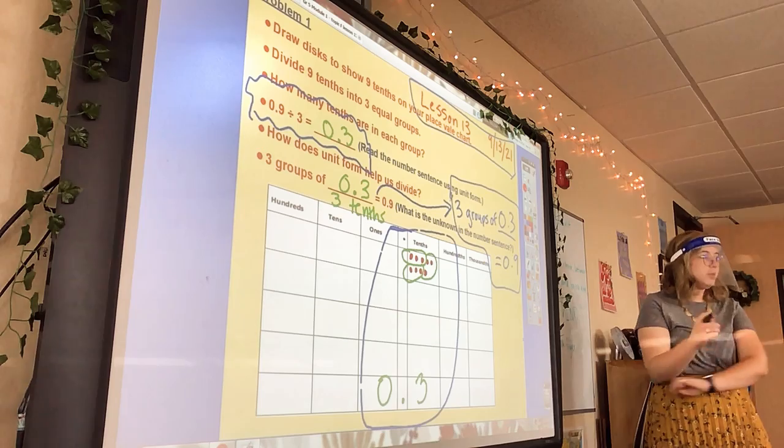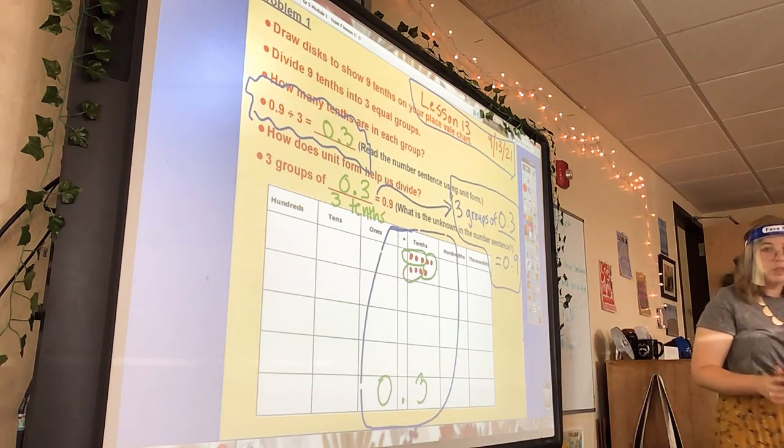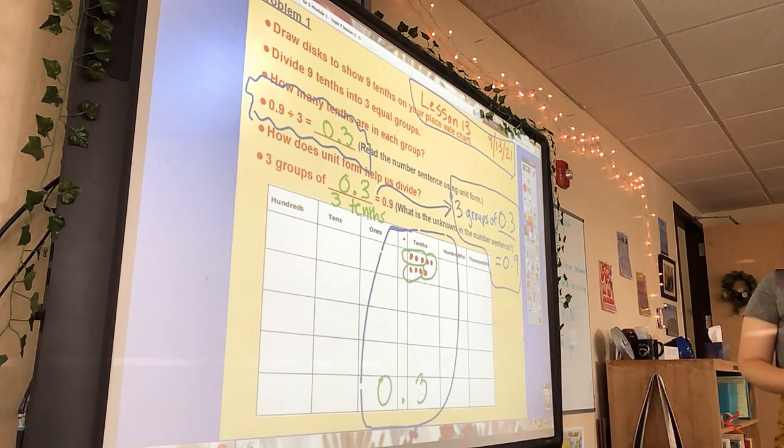Okay, maybe about 1 more minute to finish up. If you would like to write 9 tennis balls divided by 3 equals 3 tennis balls, you can do that as well. You don't have to.